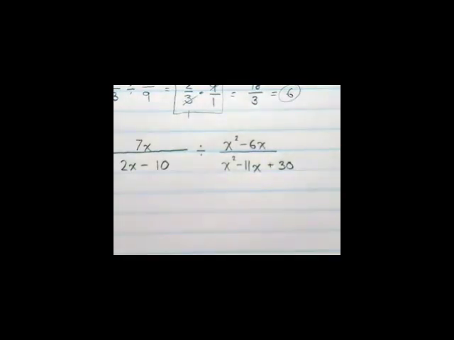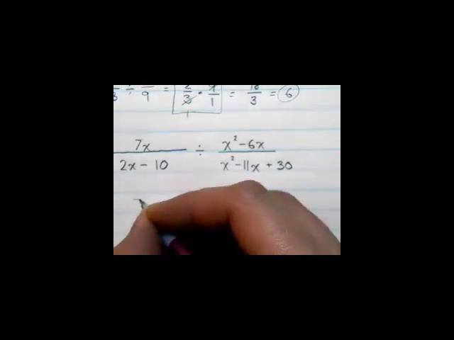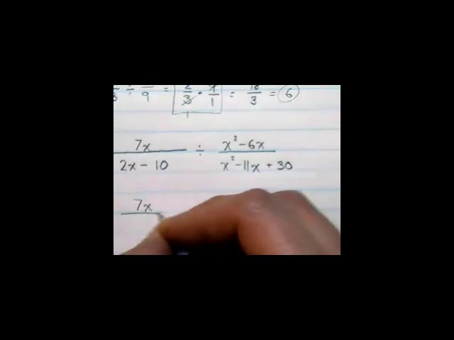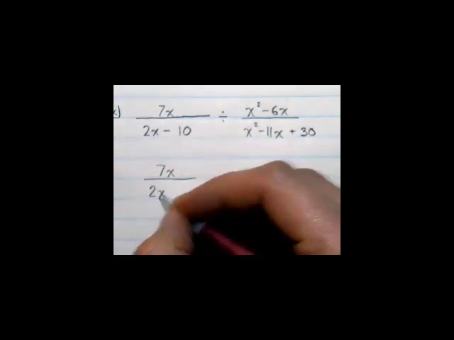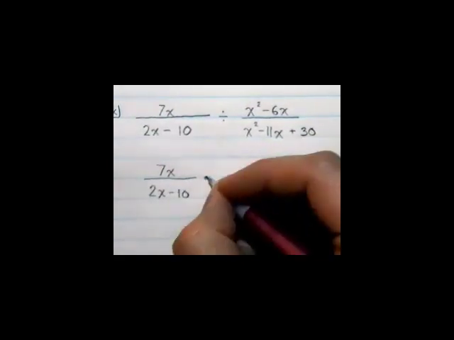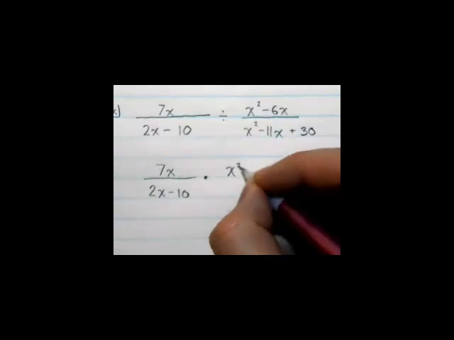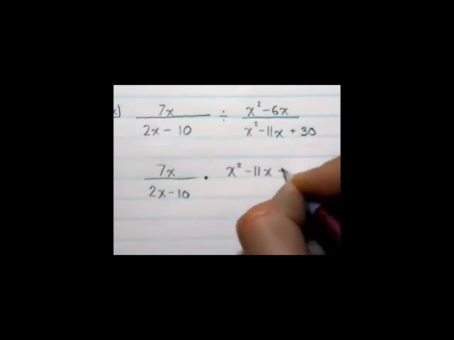If you'd prefer to do all your factoring first and then flip it, you could do that, but don't fall into the trap of canceling things before you flip it, because then it's not technically correct. What I'm going to do is rewrite the whole problem with the second fraction flipped before I do anything else, and then I can rest assured that the rest of it's going to work out just like a regular multiplication problem.